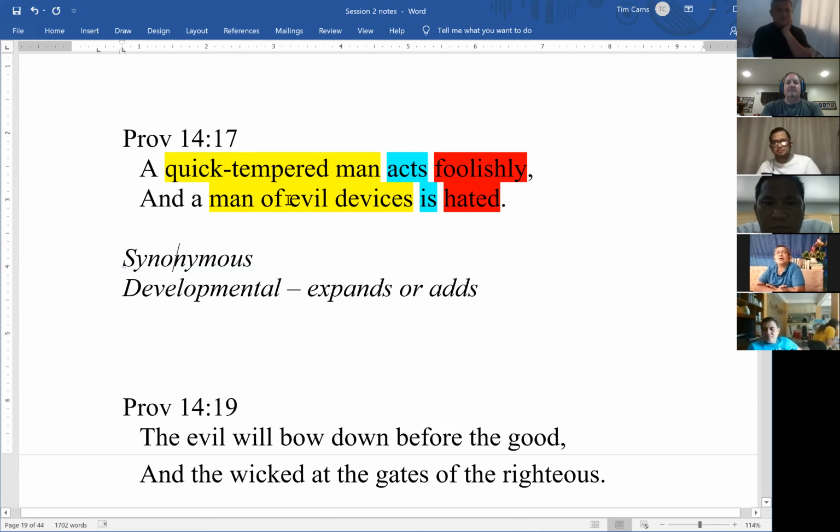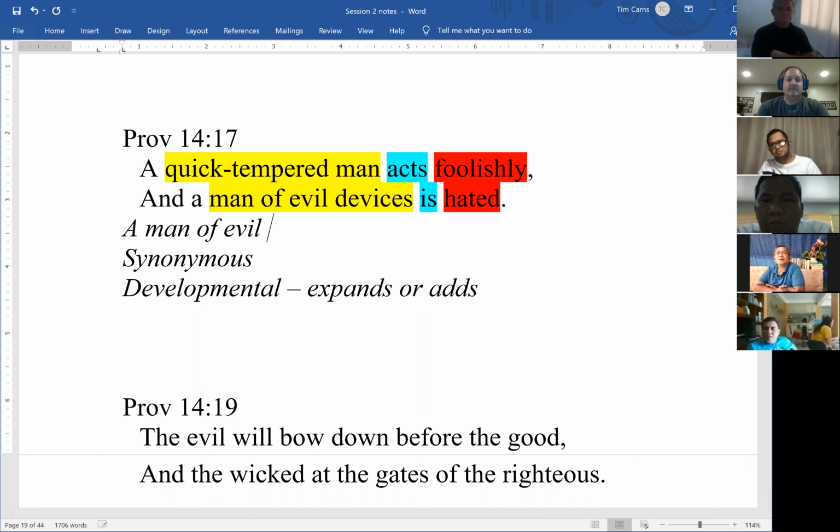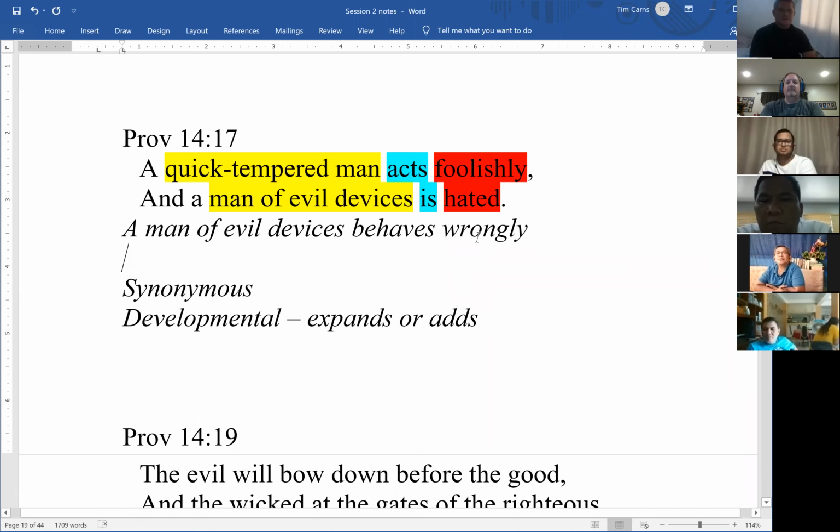If it had said a man of evil devices does wrong, or behaves wickedly, that would be synonymous. But notice he makes a statement about the man. The man is hated. So he's really adding more information rather than restating the first line.